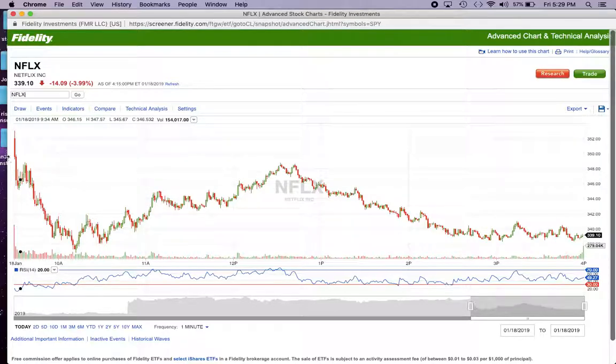Okay, so at the open right there, it showed that we were oversold, and it bounced a little bit, but then it kept going down. Netflix had really bad news after the earnings release. So if there's news like that, then it can predict a little bit of a bounce, but you would very much be on guard looking for Netflix to continue down.